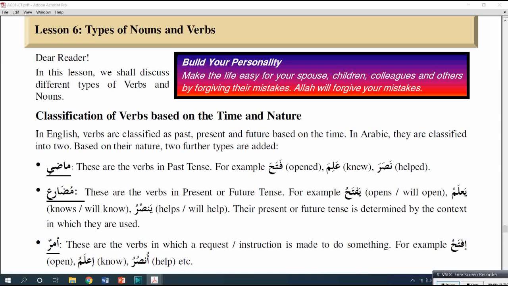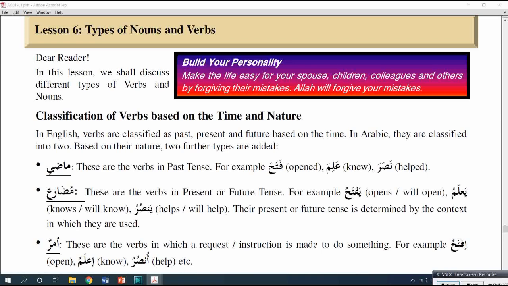Before details of that, just for personality development, we also have a mission. So some suggestions are there. Make life easy for your spouse, children, colleagues, brothers, sisters, and others by forgiving their mistakes.